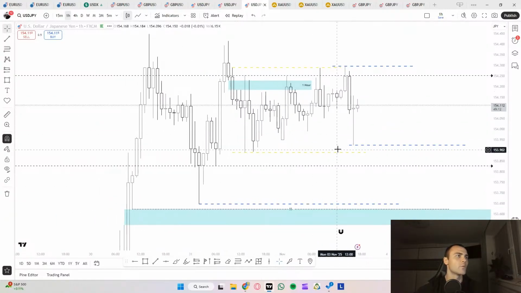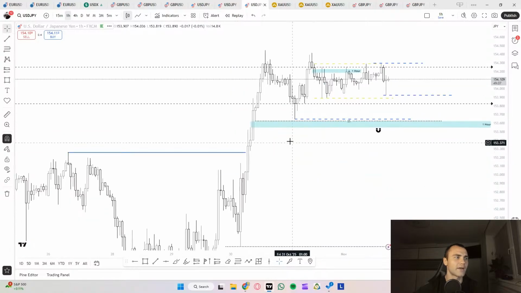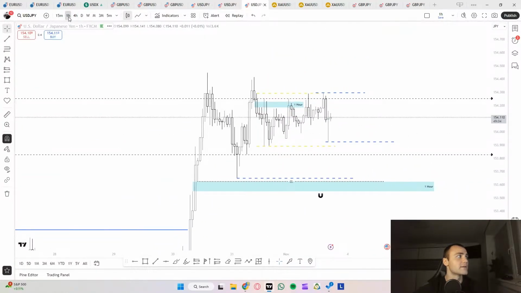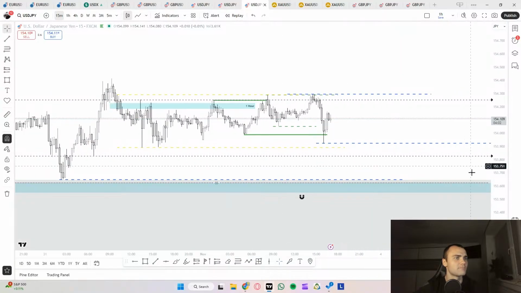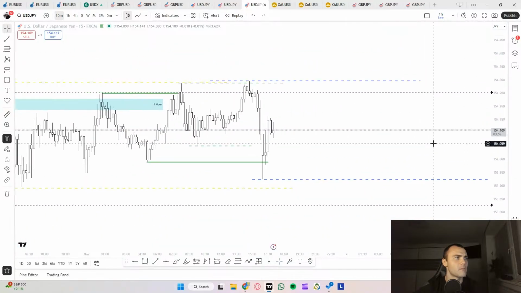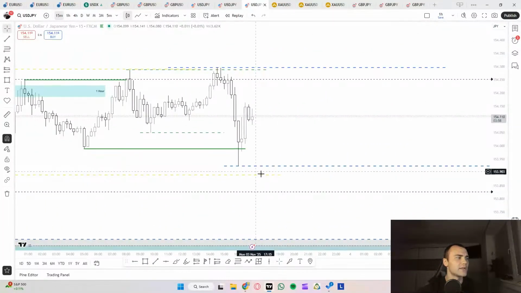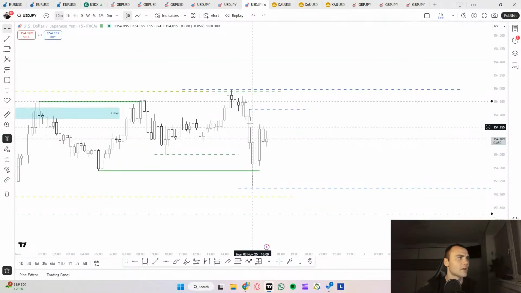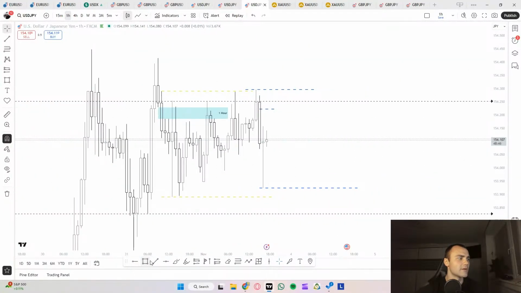But yeah, when we got a CHoCH in alignment with the higher time frame, I do basically just drop 2 time frames lower, right? Look for some liquidity level or POI, and for me this is the liquidity level. Place the entry and yeah, see how it plays.